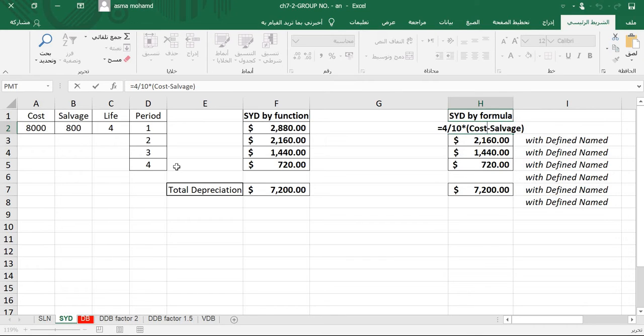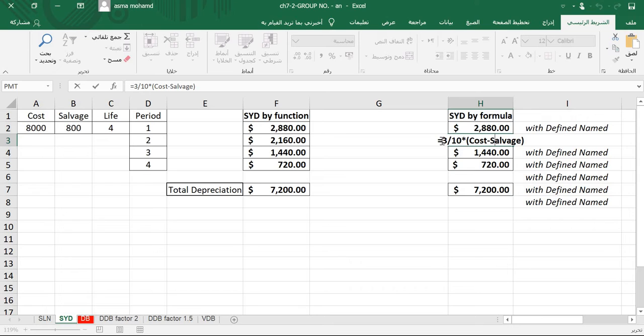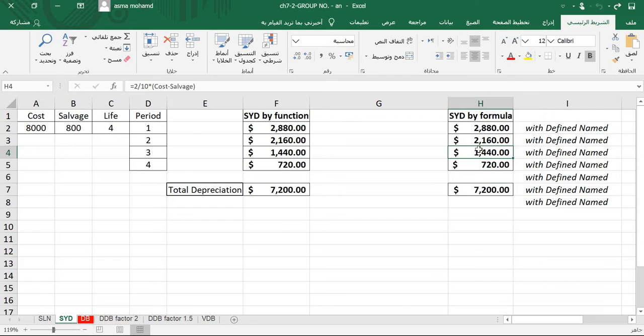It's the result of 1 plus 2 plus 3 plus 4. And we multiply the number by the cost minus the salvage. Or sometimes some people will call it residual value instead of salvage.